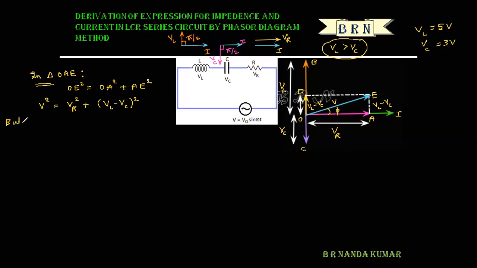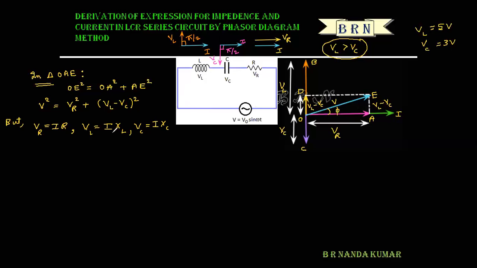But what is the value of VR? VR is I into R. According to Ohm's law, VL is I into XL, where XL is the effective opposition offered by the inductor to the flow of AC. VC is I into XC, where XC is the effective opposition offered by the capacitor to the flow of AC.